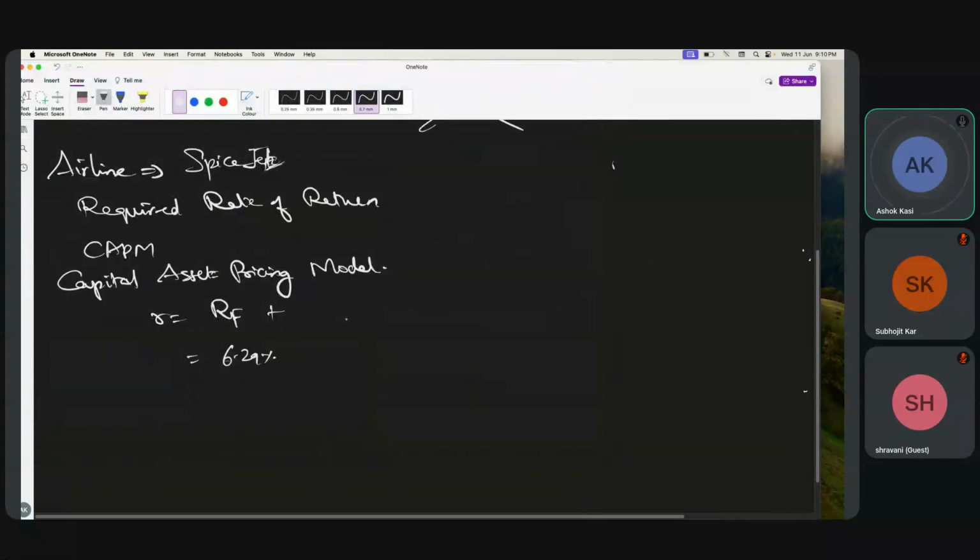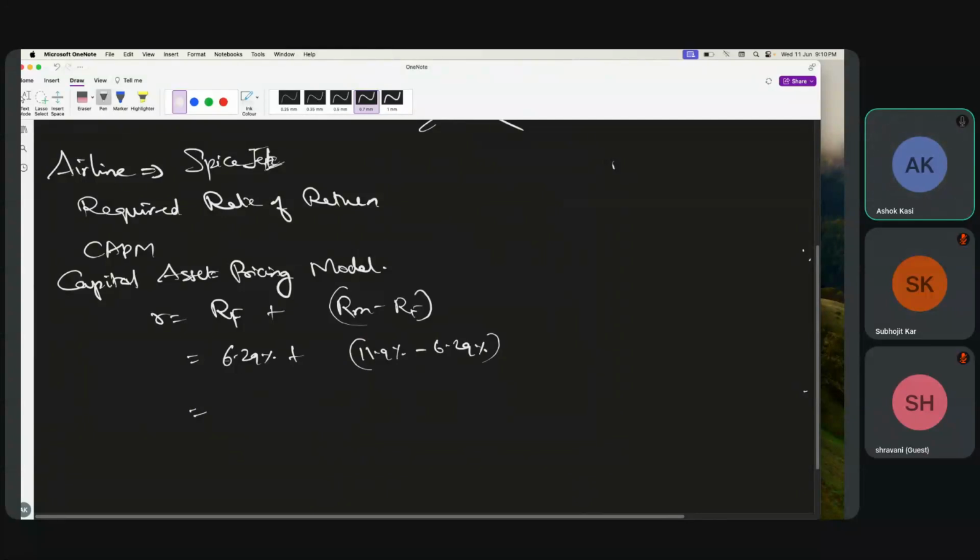So if Nifty is giving 11.9, how much extra has Nifty given over the risk-free rate? That much you want. That means 11.9 percentage minus 6.29 percentage.